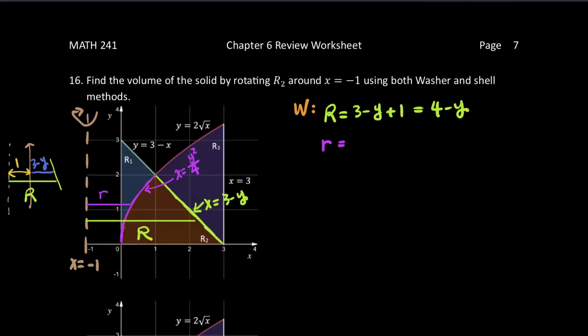Similarly, the little r is going to be y squared over 4 plus 1. And this time one integral will do. Bottom up from 0 to 2, pi times big R squared minus the little r squared.